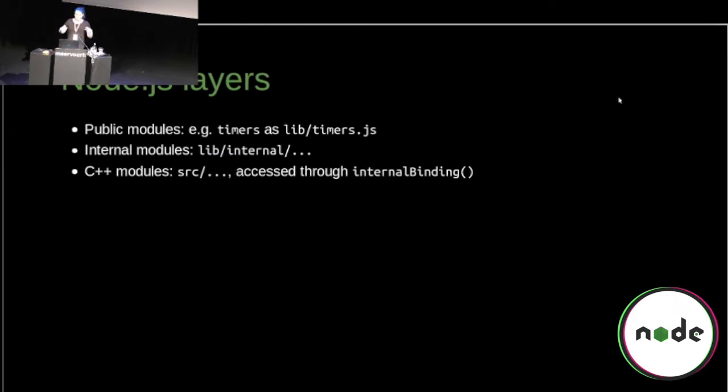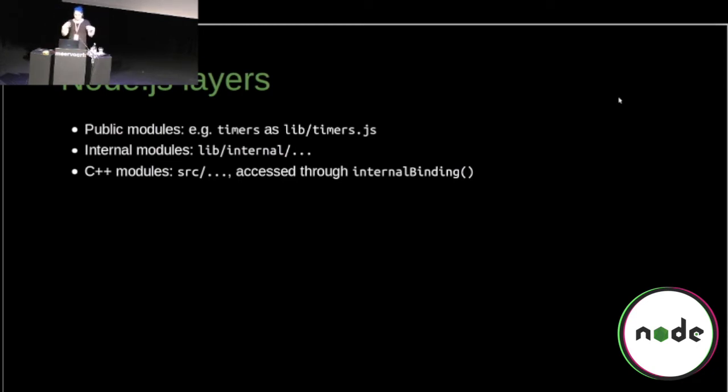So Node.js as a software does have a few layers. When you're interacting with the exports from some Node.js built-in module like net or HTTP, you're never or almost never directly interacting with C++ functions. We have public modules, which are all written in JS, including net and timers and everything. These are in the lib folder in our source tree.